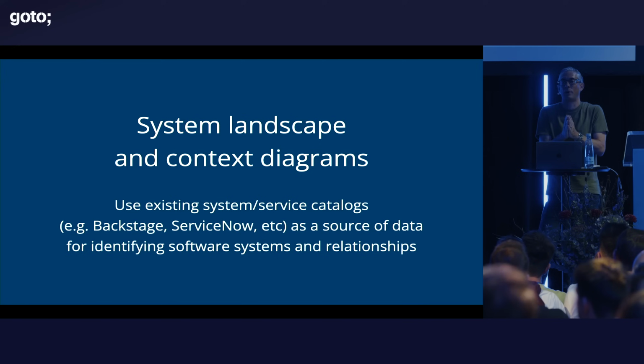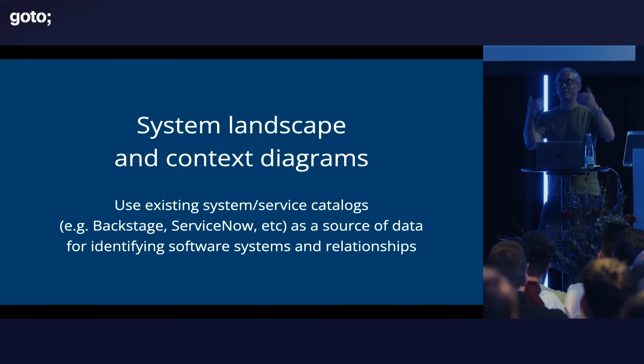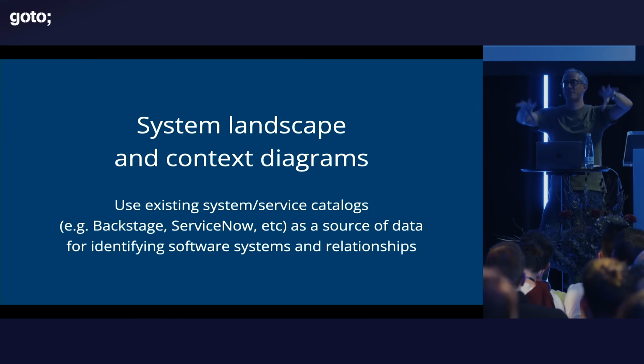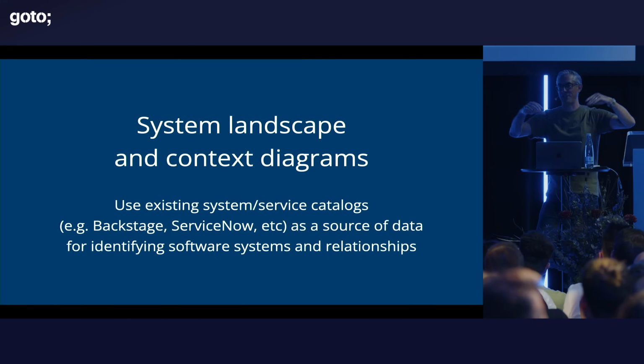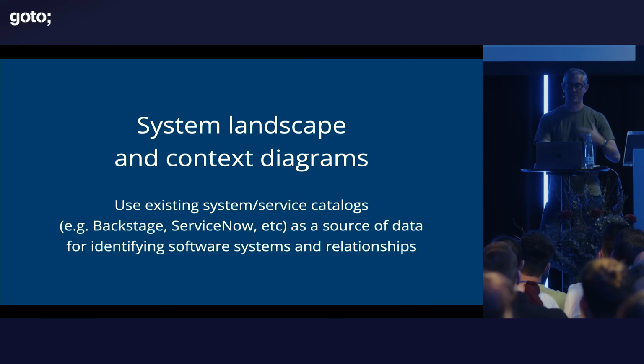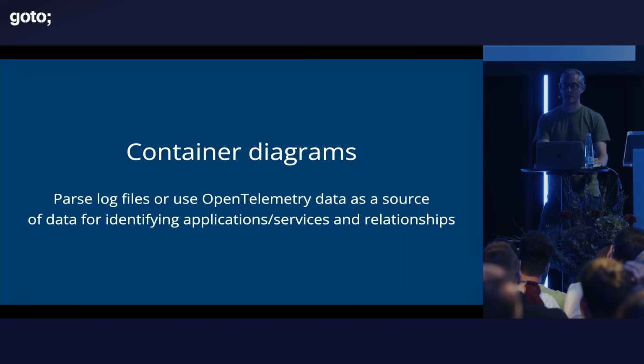So lots of people are registering services and systems on ServiceNow or Spotify's Backstage. Use that as your data source. Write some code, integrate with the Backstage API, pull down all the lists of services and systems and applications in Backstage, the links between them. Use that to generate your C4 system landscape and system context diagrams.